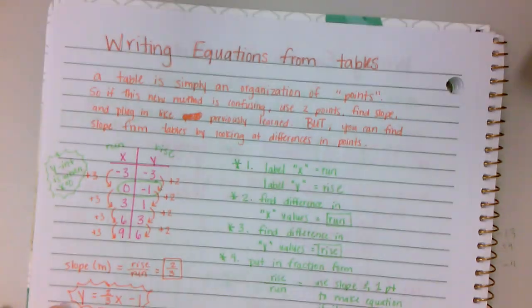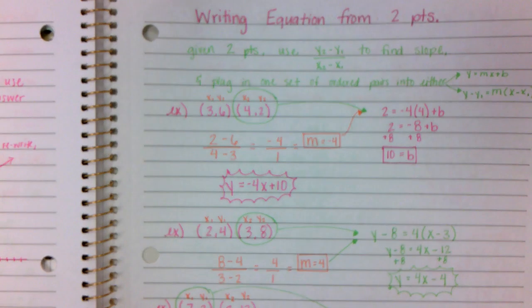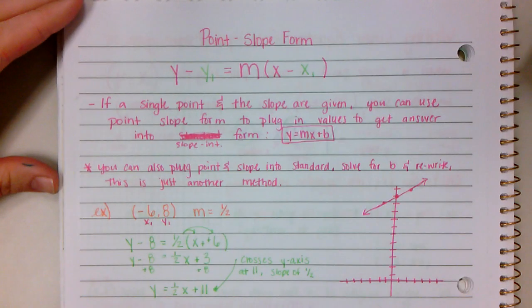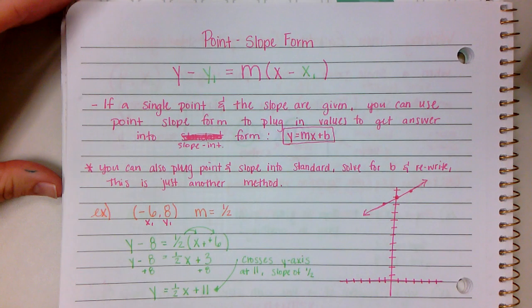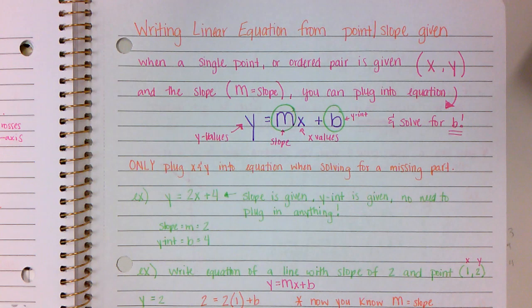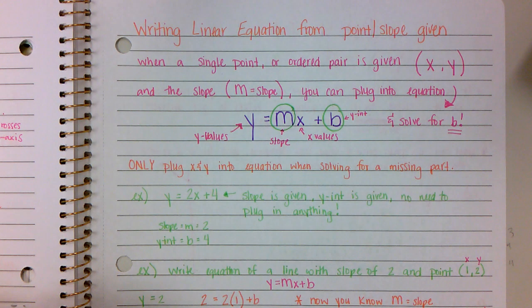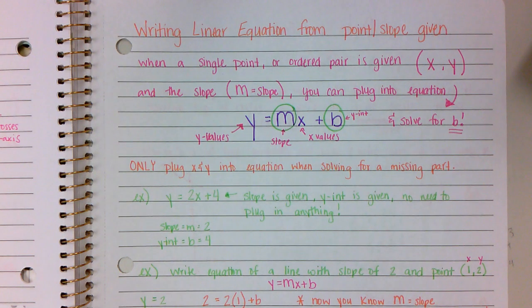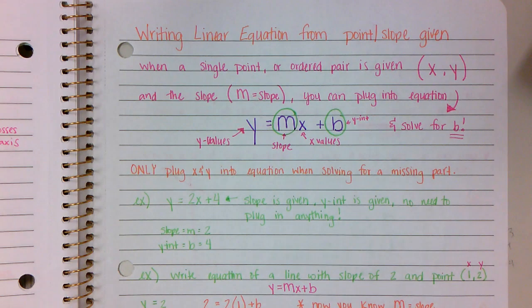You've got tables that might be given to you. You've got points that might be given to you, and you have to find things from it. You have another form that your linear equations can be put in, which is point-slope form. And then the very original page was our slope-intercept form when we started this. So make sure that you have all those notes and you're going over that so that we are ready to go next week when I see you guys.